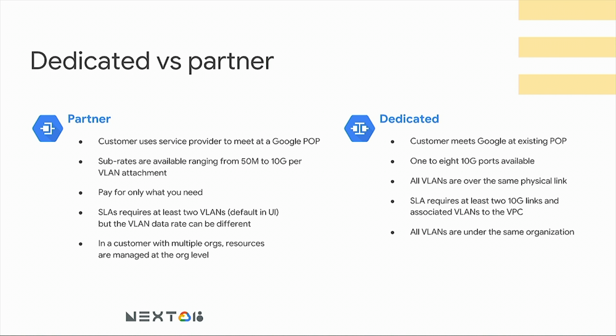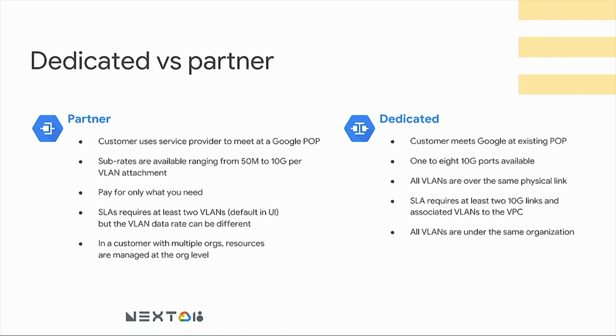Some of the other big differences, because you're only paying for what you need, it can be less expensive with partner. You don't have to pay for the rack costs in a co-location location. You don't have to think about the amortized costs of the router that you're putting in that location, etc. So sometimes partner can be a more cost-effective solution.